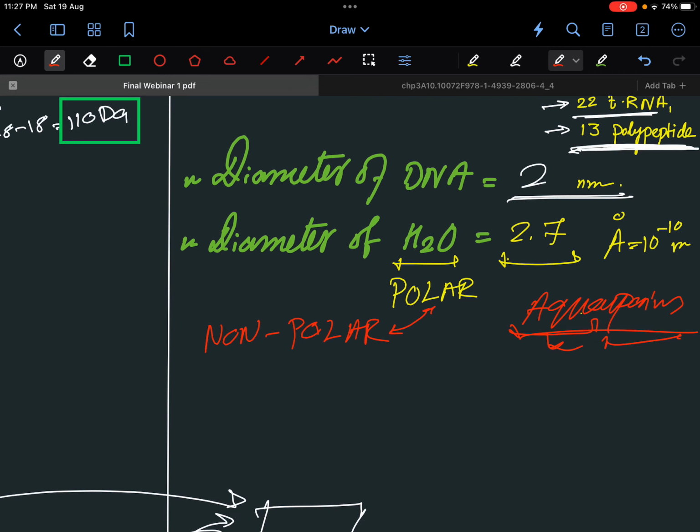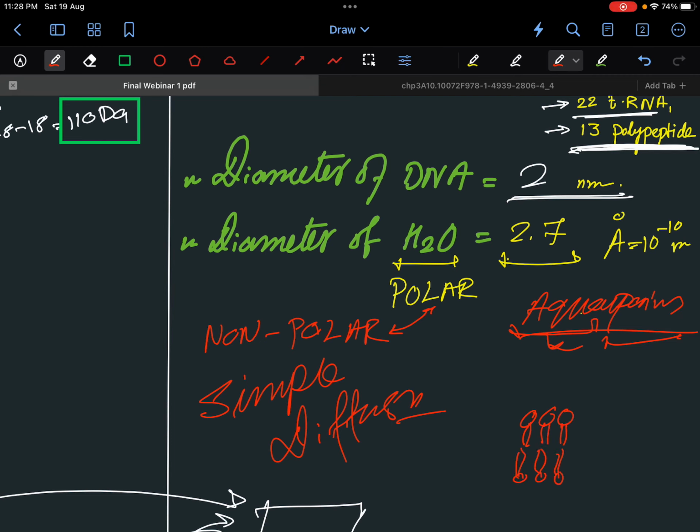But let me tell you that in most cases, in simple diffusion, water does not need aquaporins to pass through the cell membrane. During simple diffusion, if this is the cell membrane, the lipid bilayer, water molecules can actually pass through the lipid bilayer without any channel.